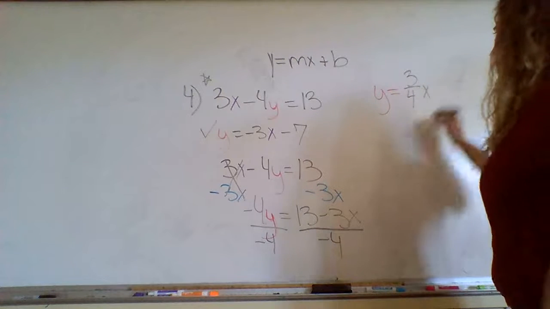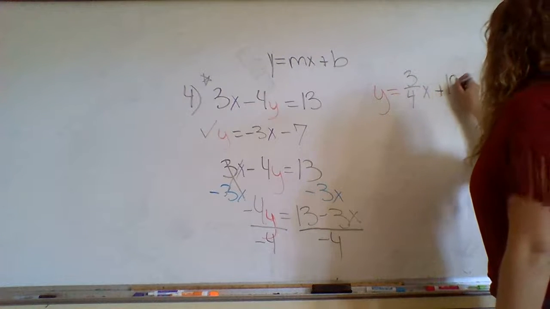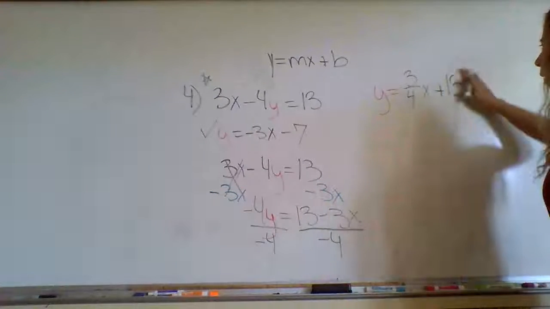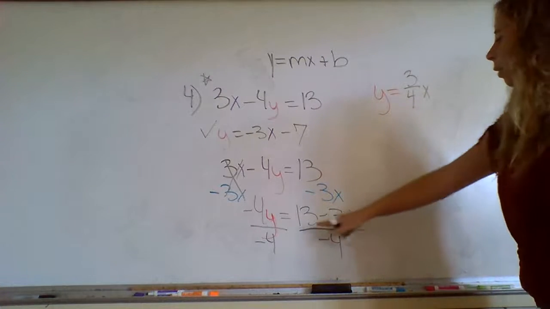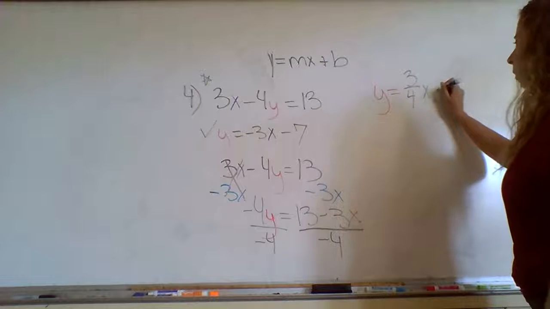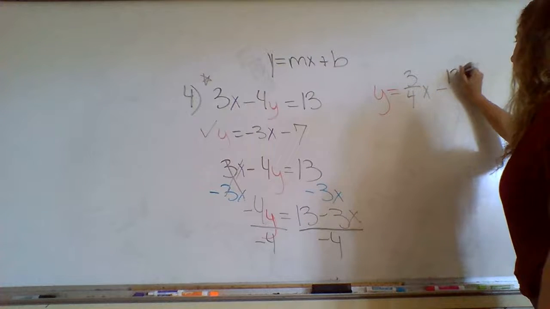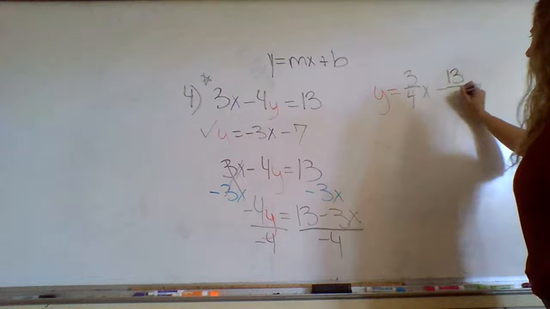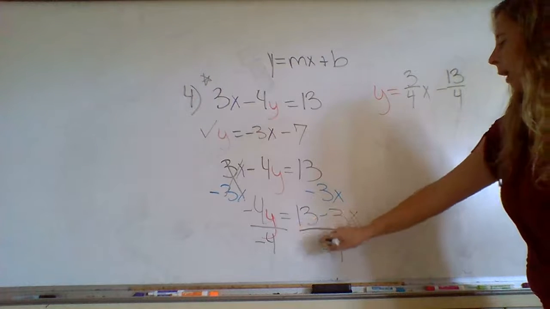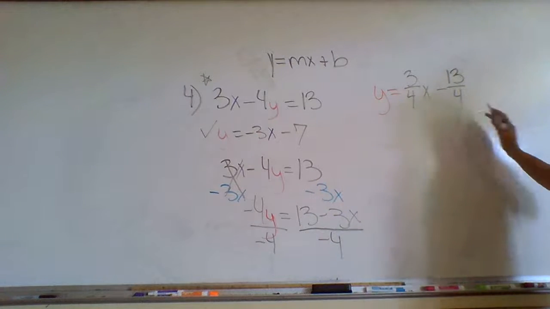And then 13 divided by -4, which is, you can just leave it as -13 over 4. Positive 13 divided by -4 will give you a negative answer.